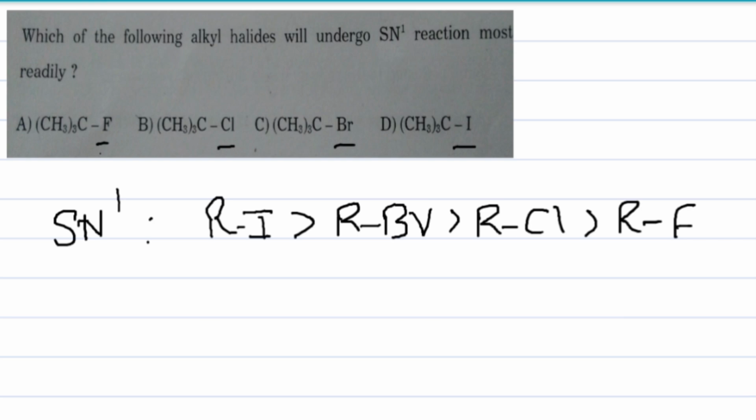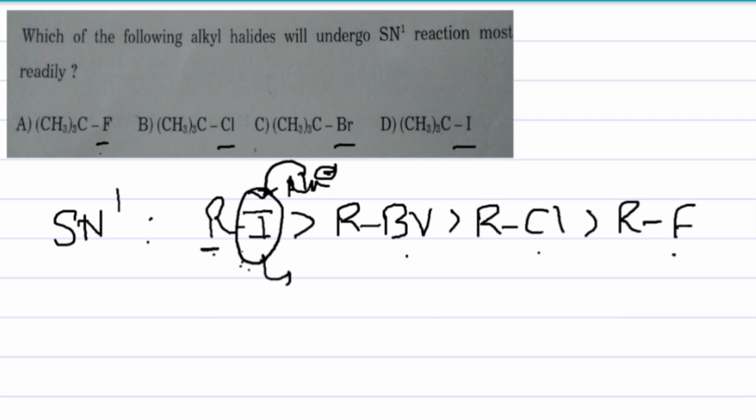Why? Because iodine has a bigger size compared to bromine and fluorine. Due to that atomic size, it has less attraction with the R group, so it easily goes out. Then another nucleophile comes in the place of iodine very easily.